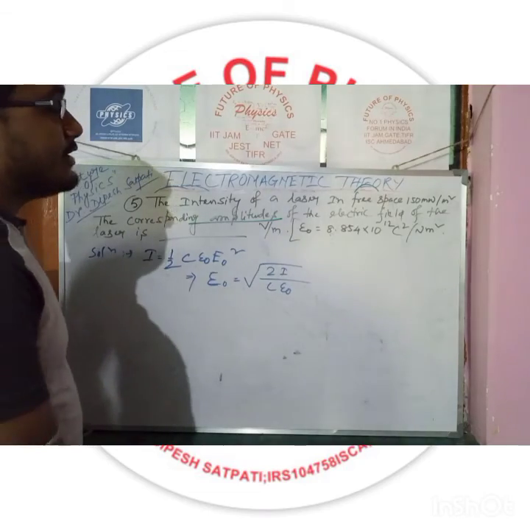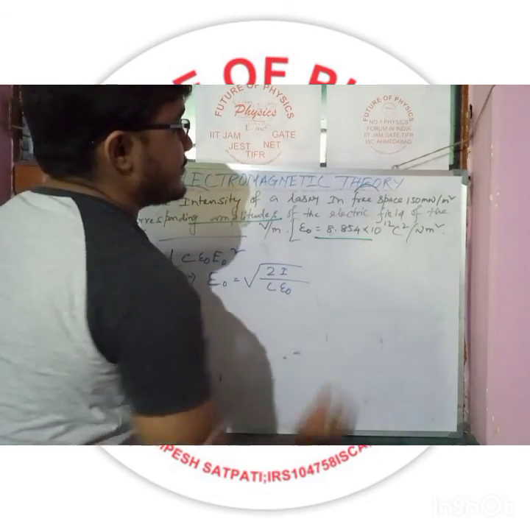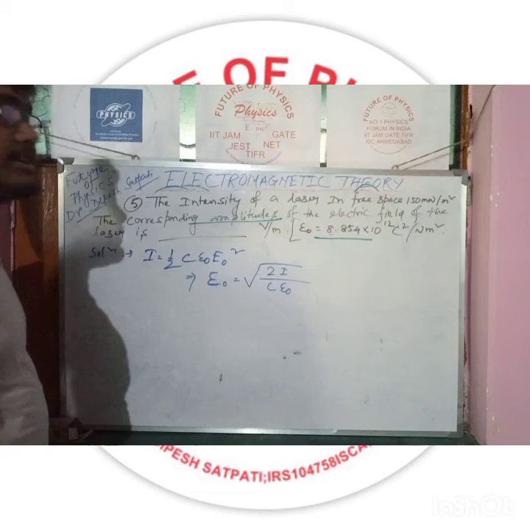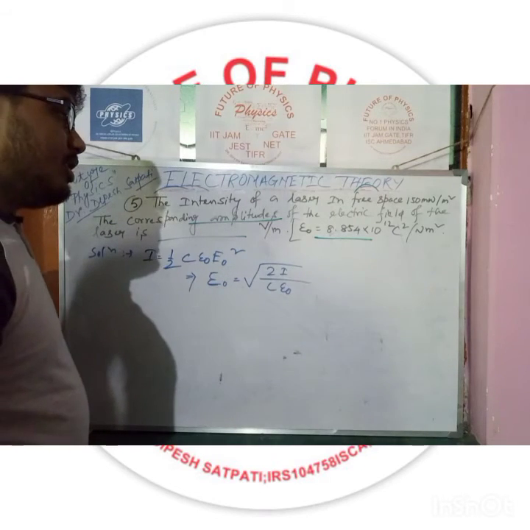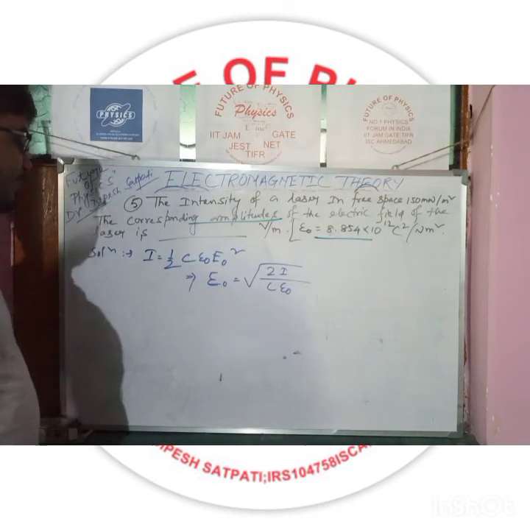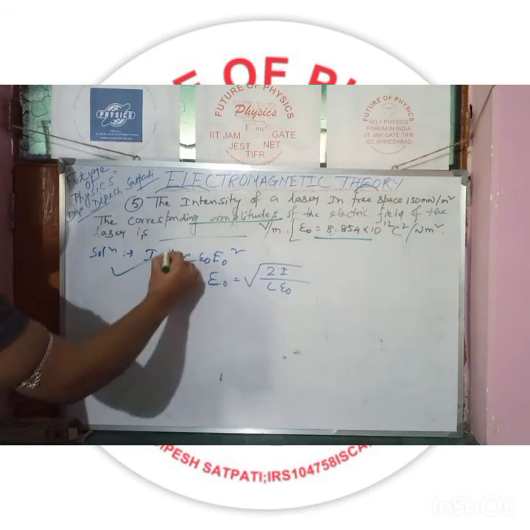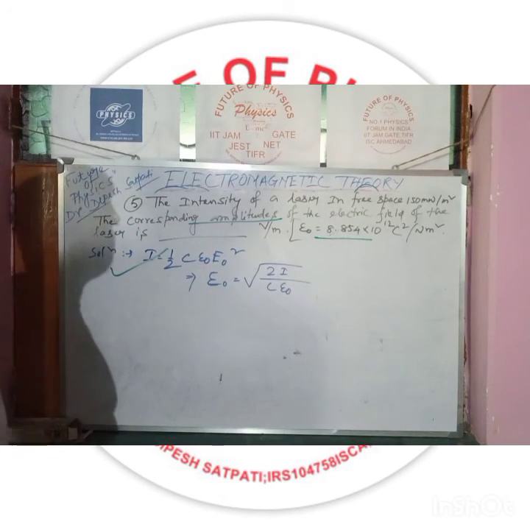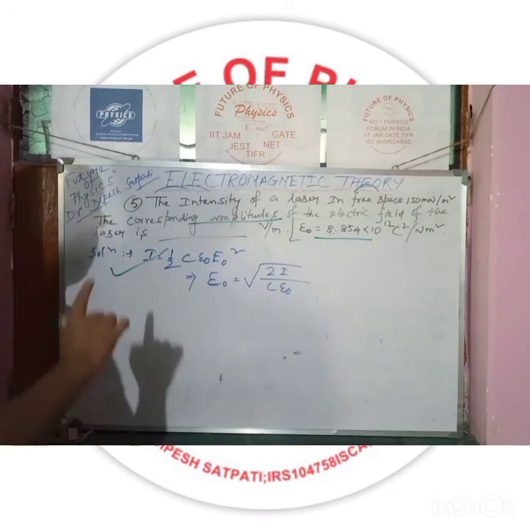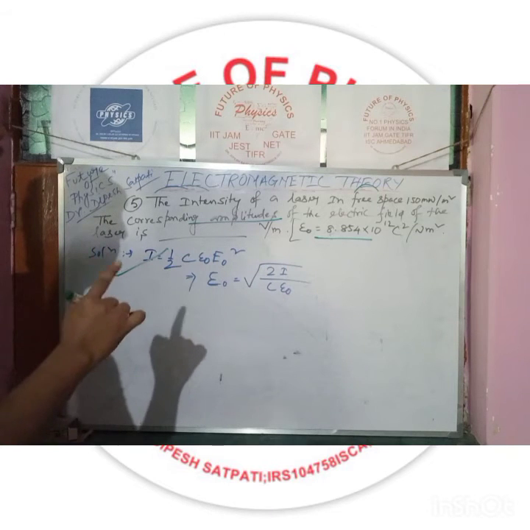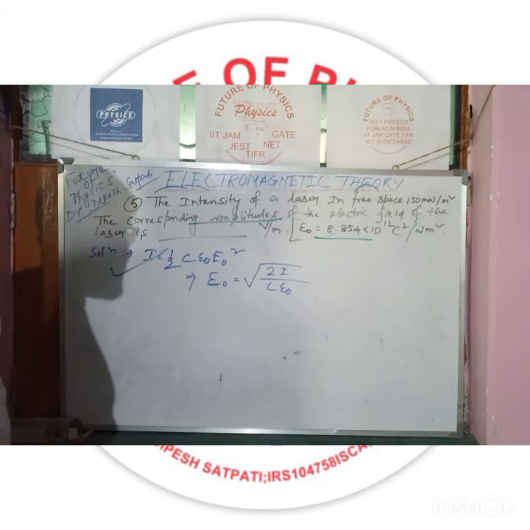And epsilon 0 is equal to 8.854 into 10 to the power minus 12 C squared per Newton meter square. Then the solution: I is equal to half c epsilon 0 E0 square, and E0 is equal to root over of 2I divided by c epsilon 0.